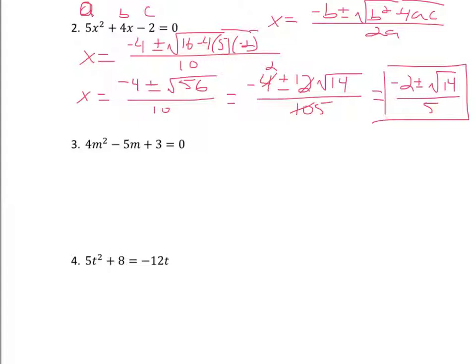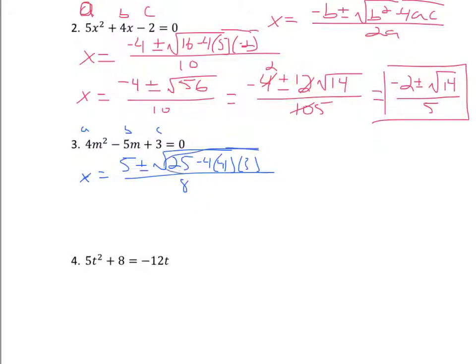Okay, number 3, we're going to work the same exact way. We've got our a, got our b, got our c. So x equals negative 5, so positive 5, plus or minus the square root of 25 for b squared, minus 4 times 3, all over 2 times a, which is 8.